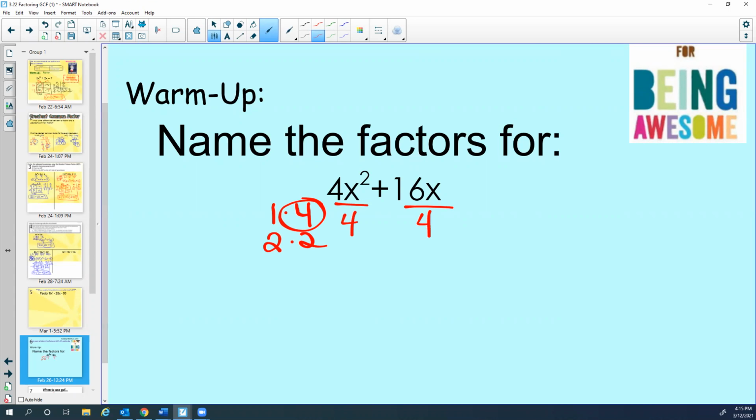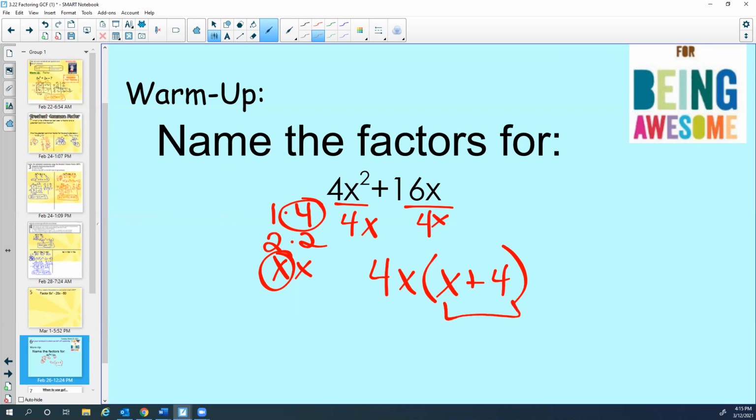Well, the 4 has 2 x's, the 16 has 1 x. So that means they also share an x in common. So when I take a 4x out of both of them, I'm left with an x in front, and then 16x divided by 4x is 4. This cannot be factored anymore, what's inside the parentheses, meaning that's my final answer.